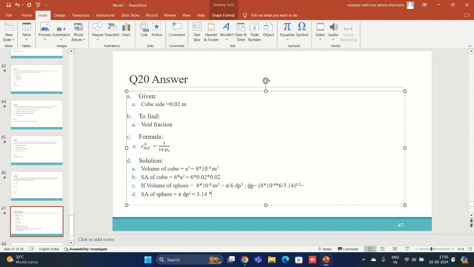First we calculate 6 a squared: 6 into 0.02 squared is equal to 2.4 into 10 power minus 3.